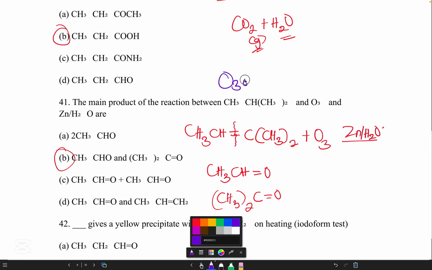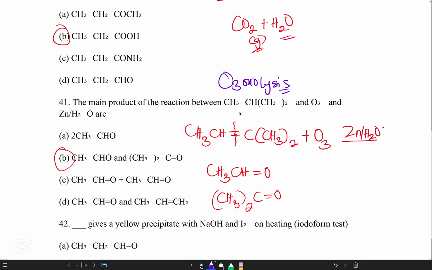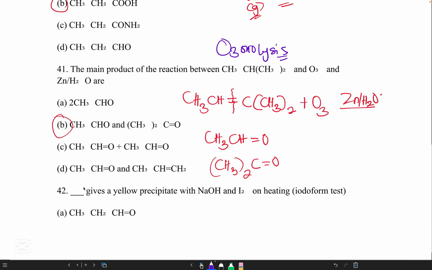Put it at the back of your mind. Ozonolysis usually involves you just bringing the compound of interest out, dividing it into two, adding oxygen to one end, and then adding oxygen to the other end of the other side. All we needed to do was just to turn it around. So here becomes the CH3 into two places, then C double bond O. That makes option B the correct answer.